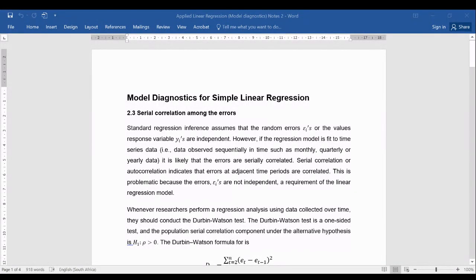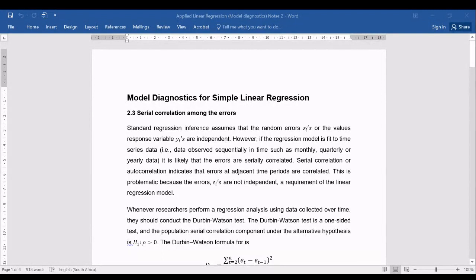The first one is the Durbin-Watson test for testing independence of the errors, because we assumed that the random errors are independent and normally distributed with a mean of 0 and a constant variance. So we're going to test that assumption of independence.